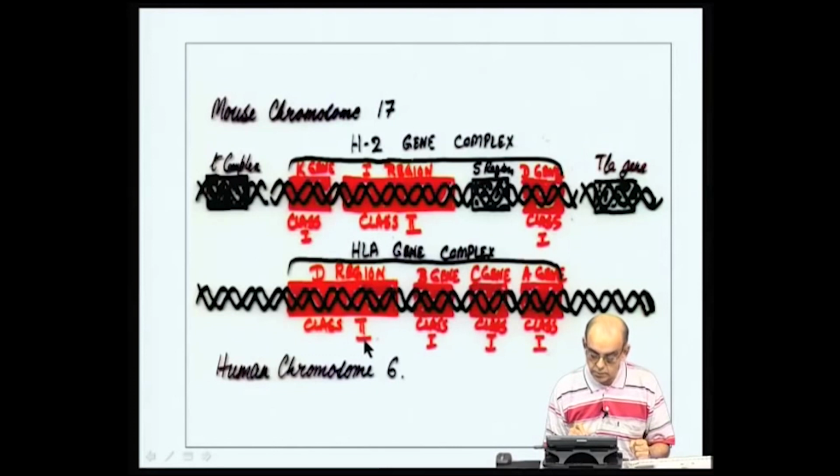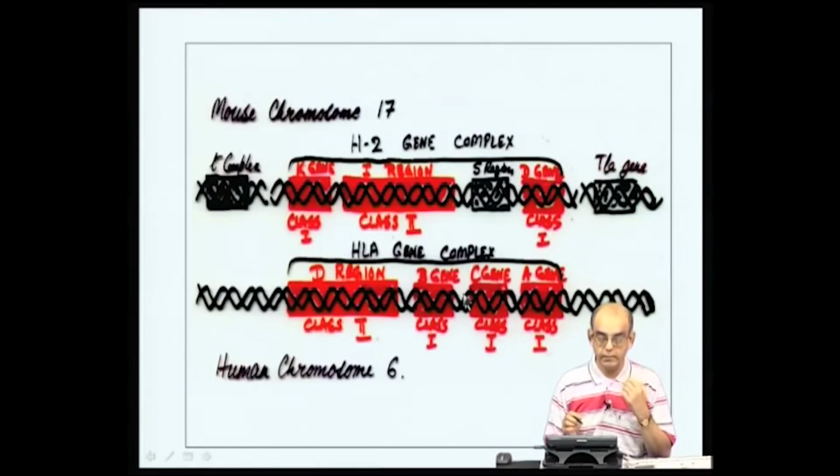In humans also there are two types of HLA genes that code for them: class 1, which is these three loci over here, and class 2, which is shown over here. It is also called the HLA-D region, as opposed to HLA-A, B and C, which form the class 1 complex or the class 1 type of MHC.